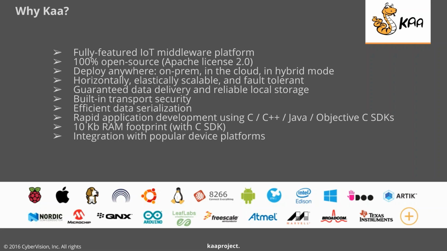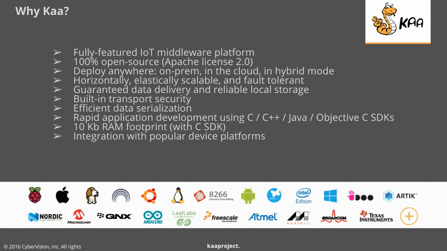It serializes the data extremely efficiently. Under the hood for all of the communication, Kaa uses Apache Avro, so that provides us with a very efficient way of sending the data over the network.